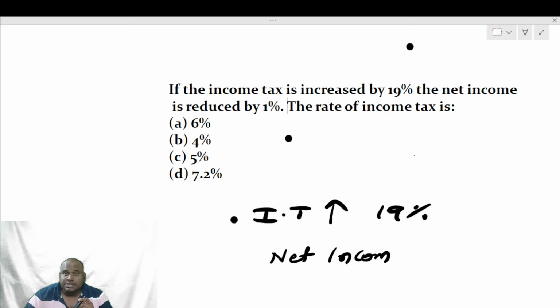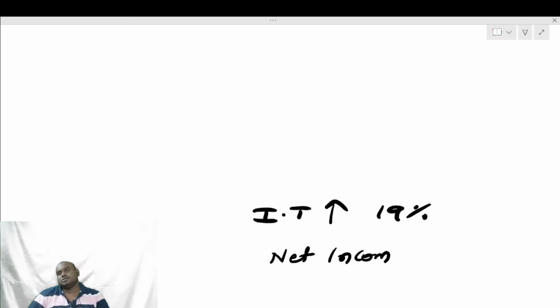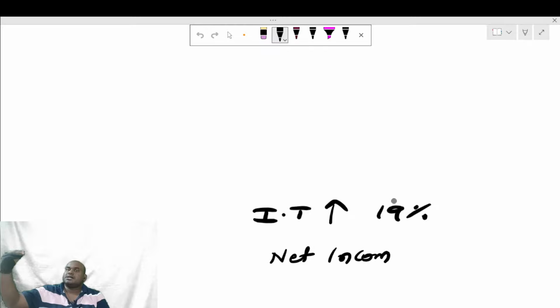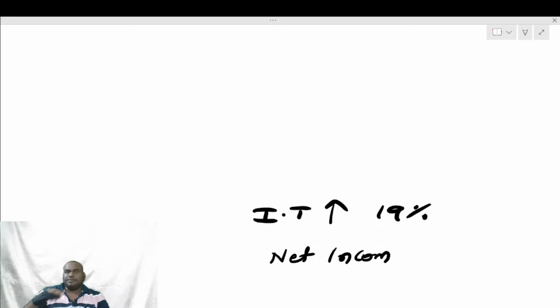So there is a relation. What's the relation? 19% increase of income tax is same as 1% decrease of net income. Repeating, 19% increase of income tax is same as 1% decrease of net income, because of this increase in income tax, the net income is reduced by 1%.